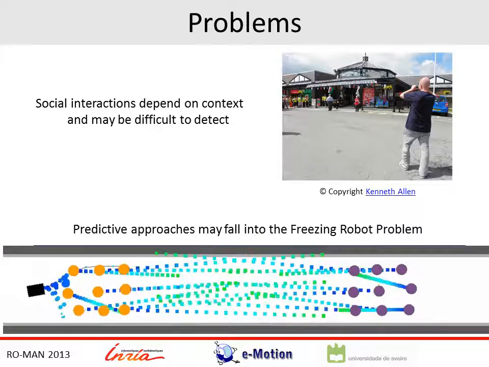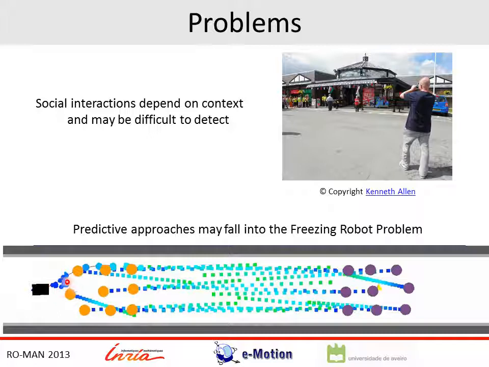In this video, you can see that the robot is represented by this black rectangle. It has to move from the left side to the right side of this corridor. Here you can see agents that are also moving in this environment, and these colored squares are the predicted motion of these agents.